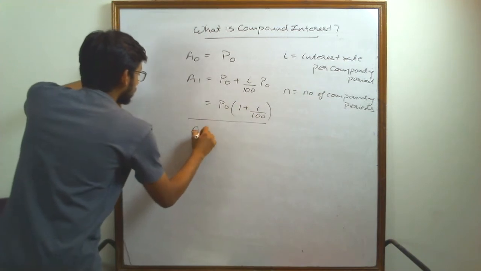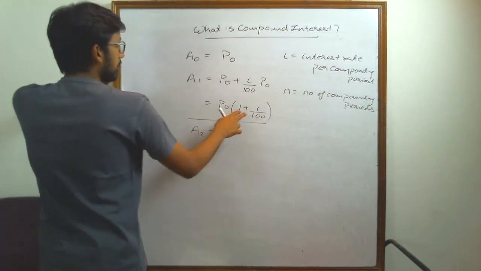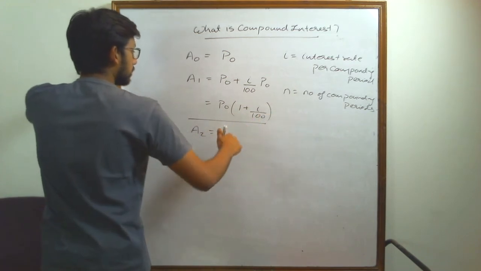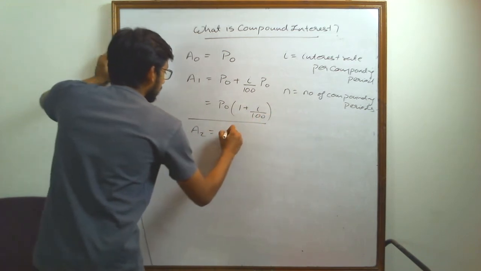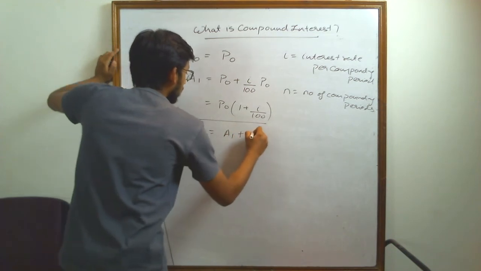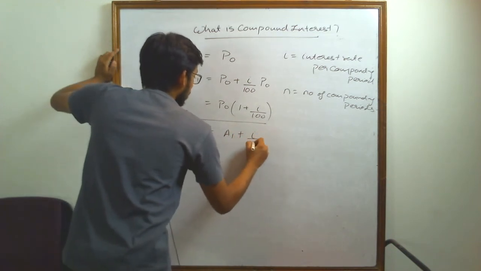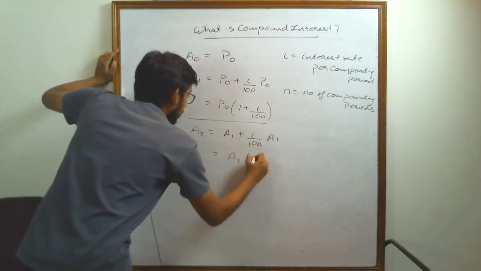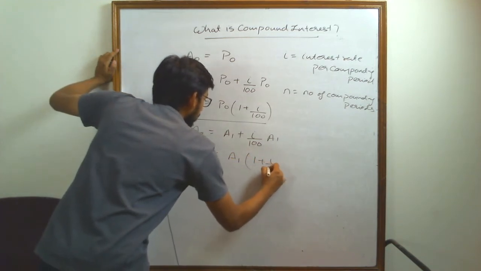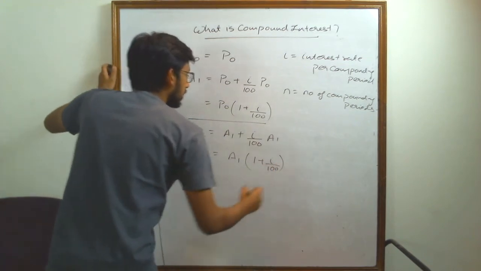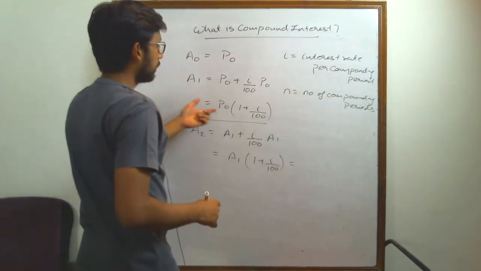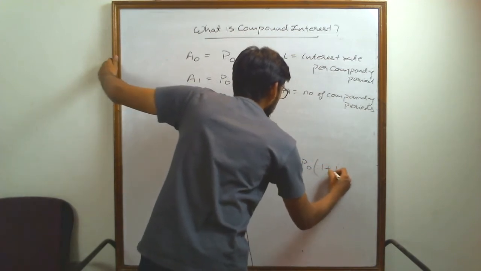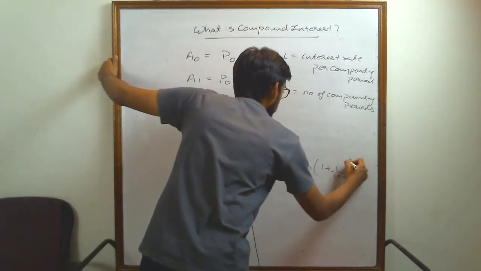Then after the second year, this time A1 becomes my initial amount and I'll get interest on this amount. So I will have A1 plus I% of A1. So this is equal to A1 into 1 plus I upon 100, which if I put back the value of A1 becomes P0 into 1 plus I upon 100 whole to the power 2.